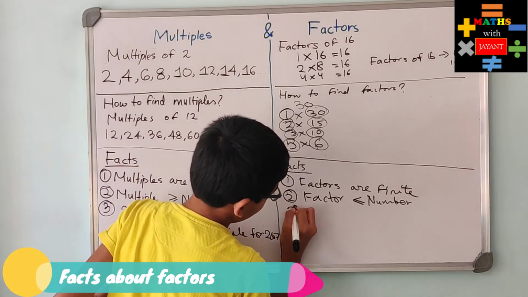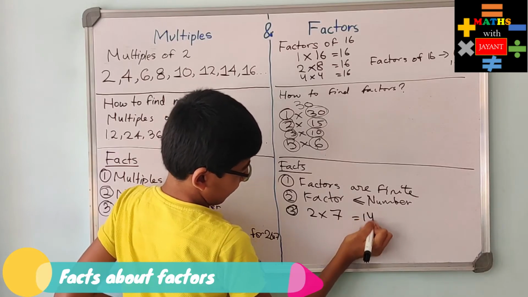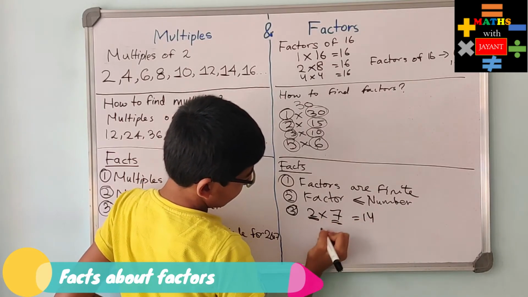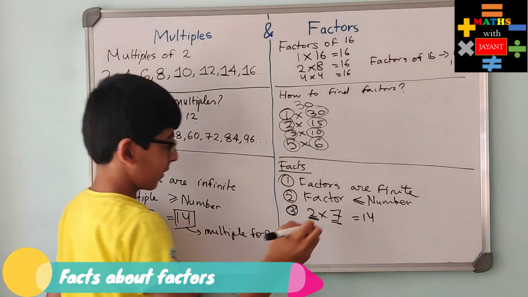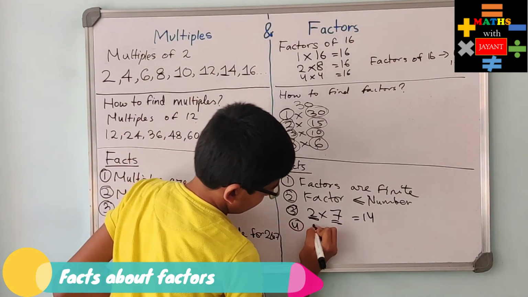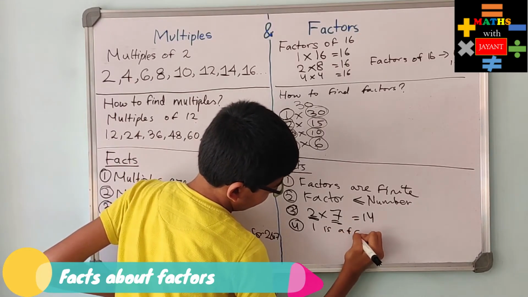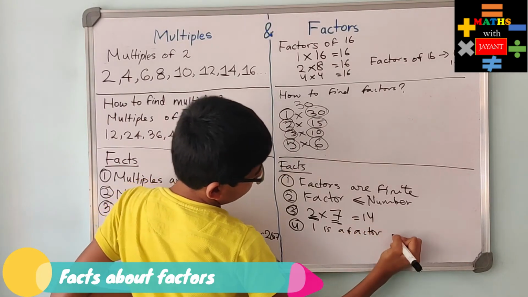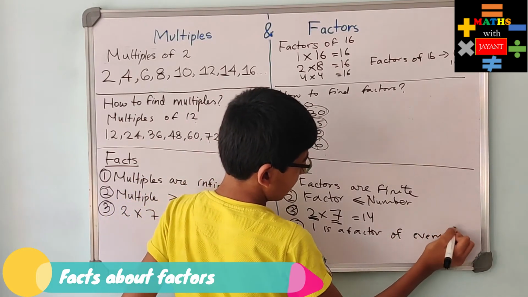The third thing that you need to know: if 2 into 7 is 14, then 2 and 7 are the factors of 14. Next, 1 is a factor of every number.